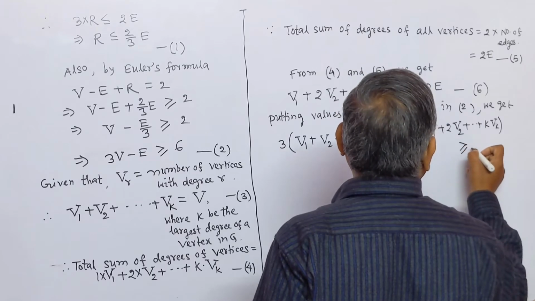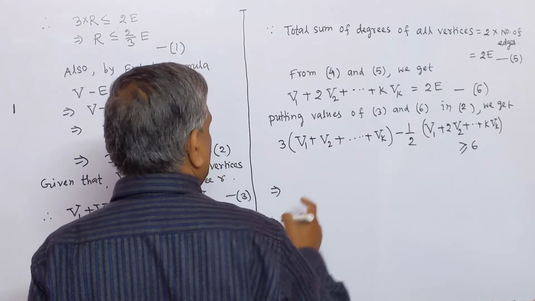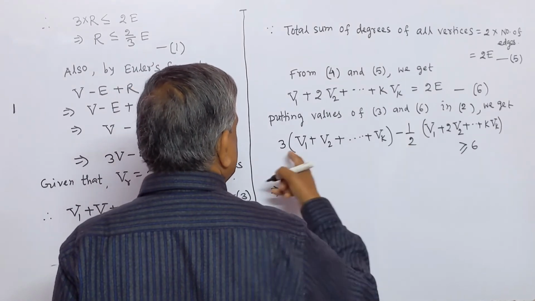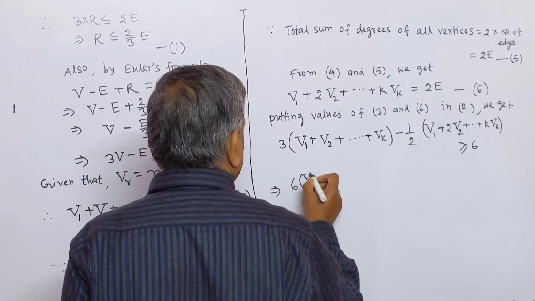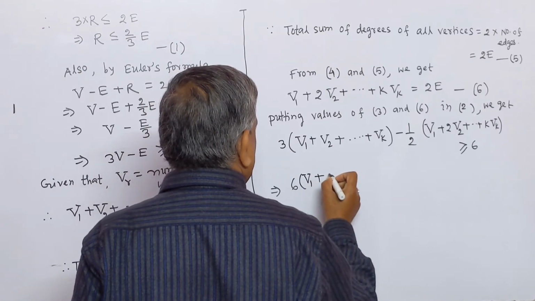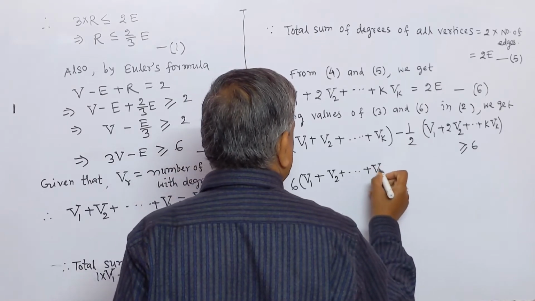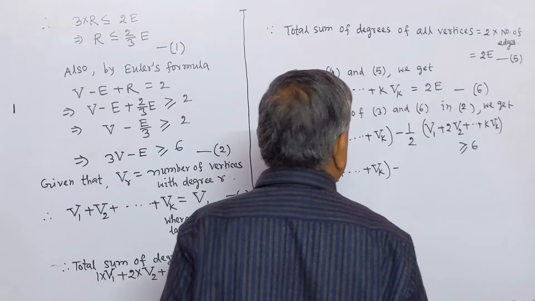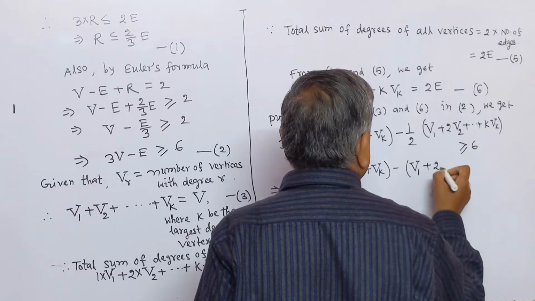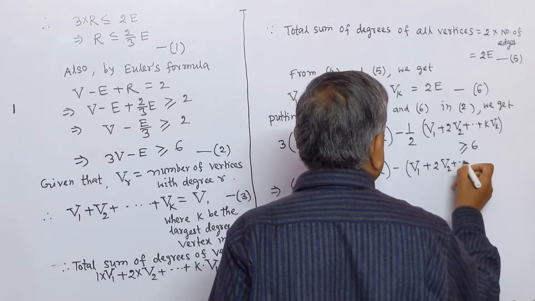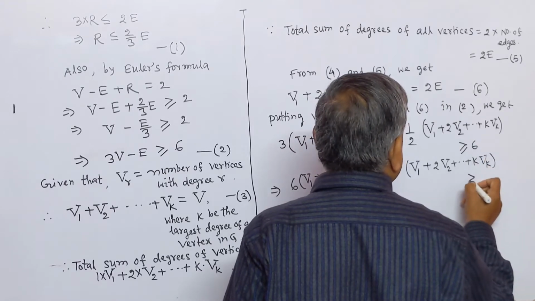This is greater than or equal to 6. This implies that, taking the LCM, 6 times V1 plus V2 plus and so on, plus Vk, minus V1 plus 2V2 plus and so on, plus kVk, is greater than or equal to 12.